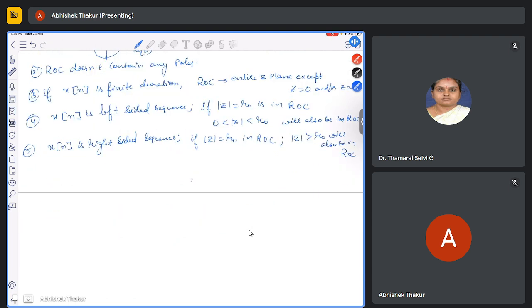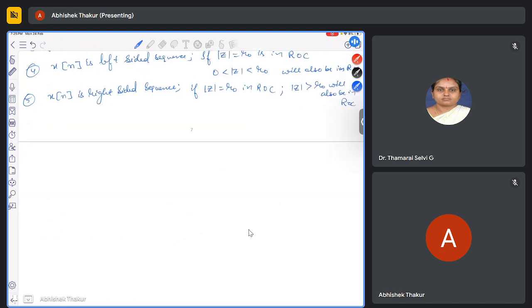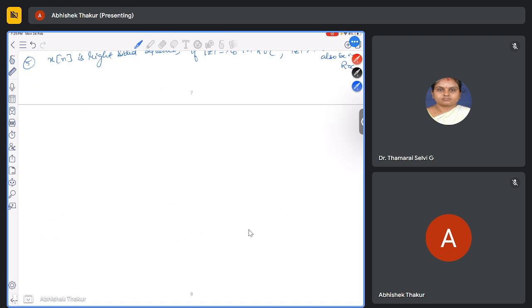So these are some of the important properties. There are many more, so we'll look at them after solving the example.